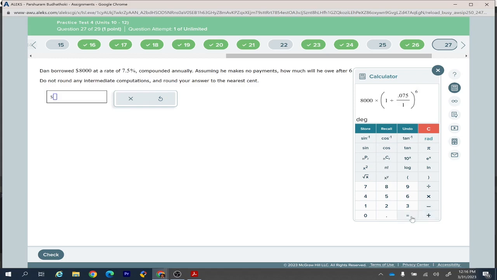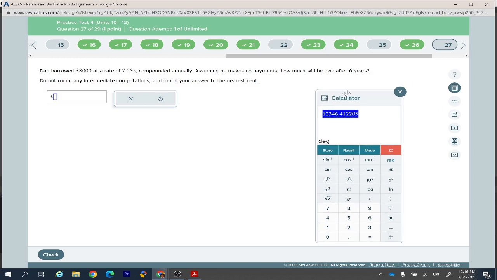If you hit enter, that's the amount he owes. What's the question? How much will he owe? If you round it to the nearest cents, it would be $12,346.41.